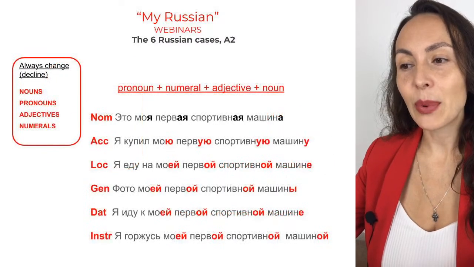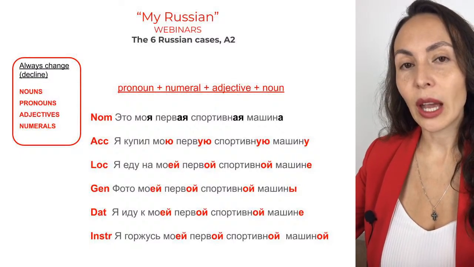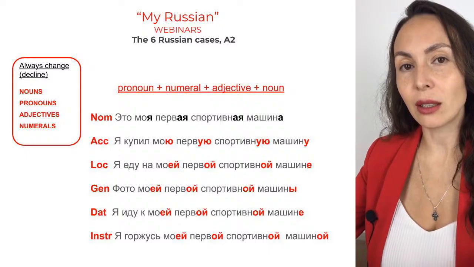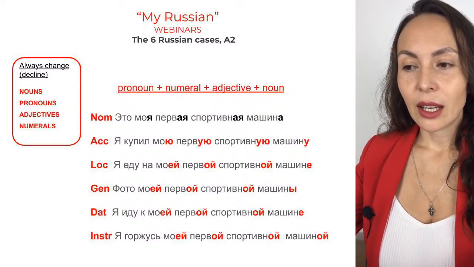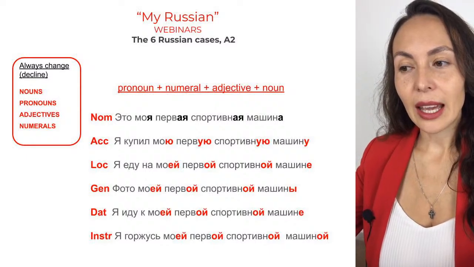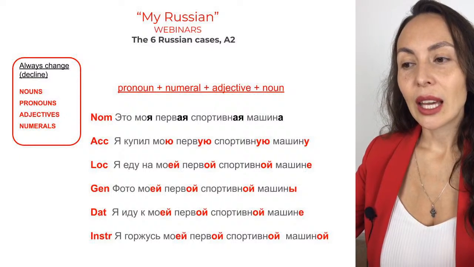What happens in the rest of the cases? We have to change every single word. So, это моя первая спортивная машина. It goes together.